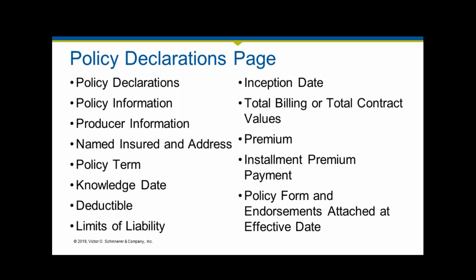Absolutely. So a couple of things as we start to talk through this, just to set up as we go through the policy, is regardless of the type of policy we're talking about, whether this was your general liability or professional liability or auto policy, many insurance policies are set up the same way.